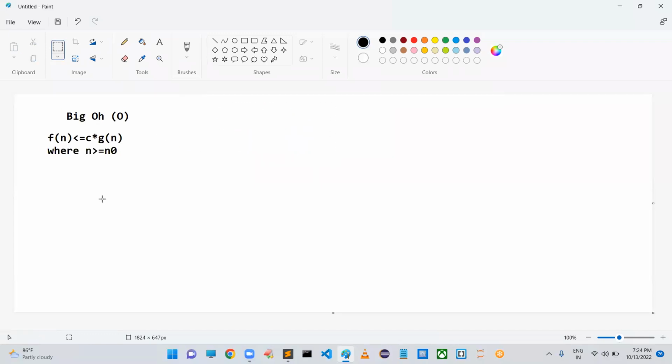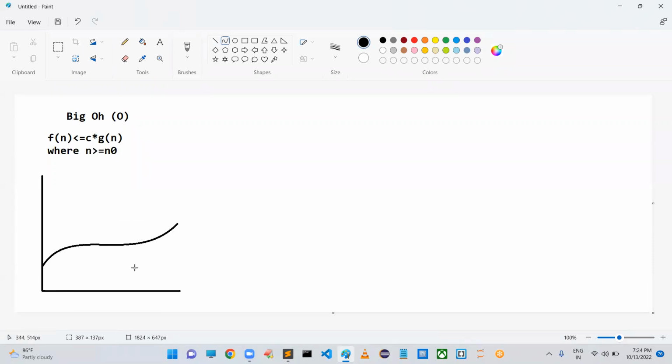The diagram has two axes: the x axis and the y axis. Let us consider this one as f of n, and g of n is like this.